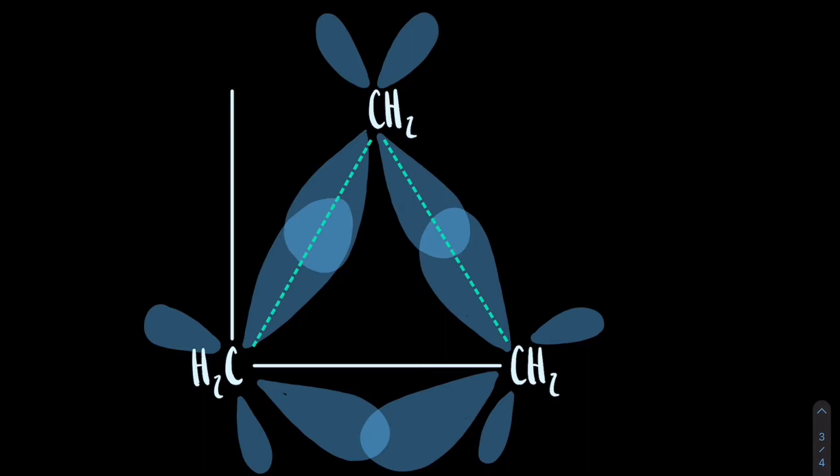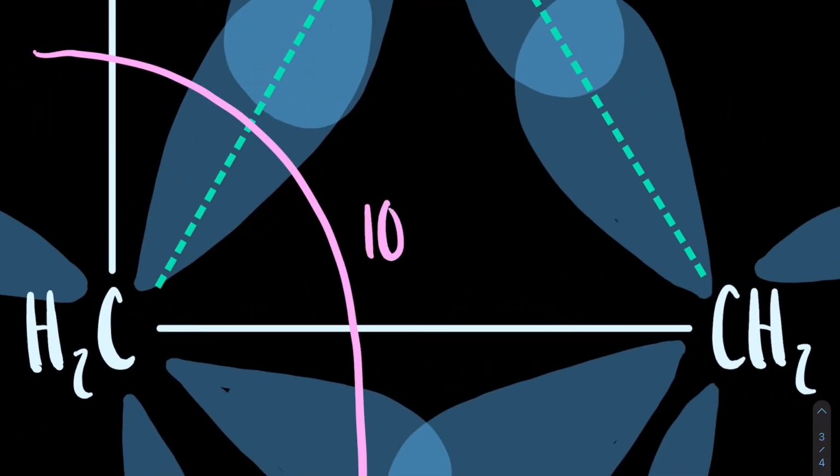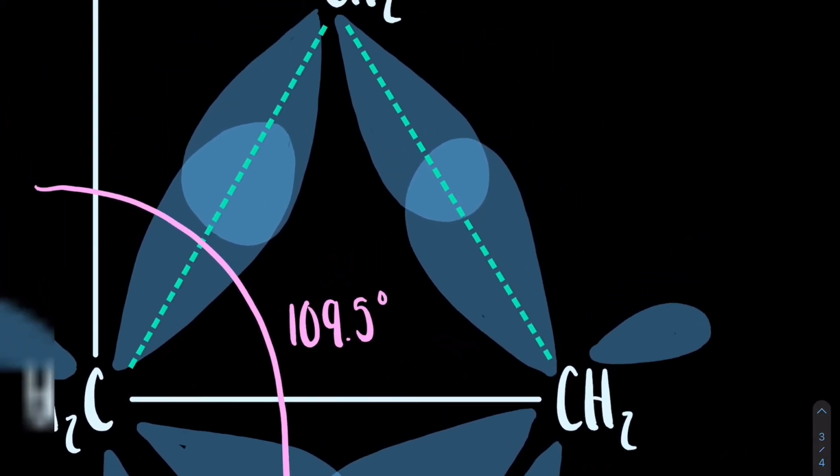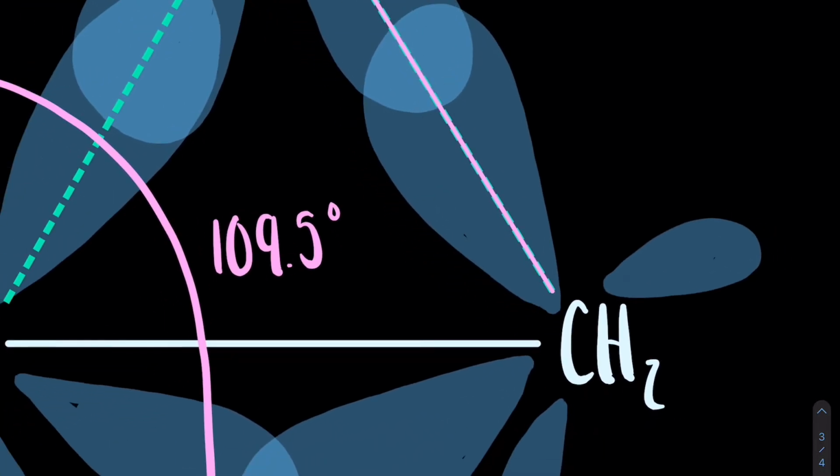For example, in this cyclopropane diagram I have here, the ideal bond angle is 109.5 degrees. We see that this bond right here between these two carbon atoms is completely cut off from that 109.5 degrees.